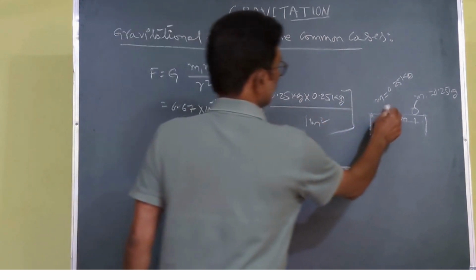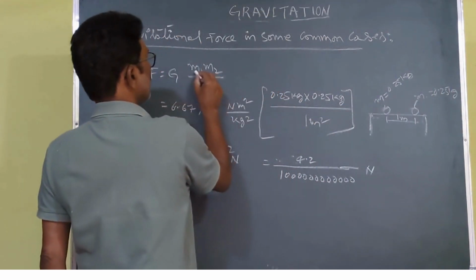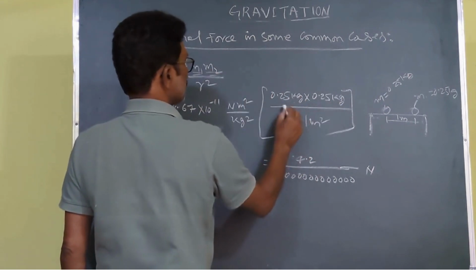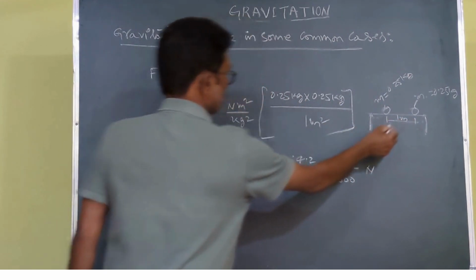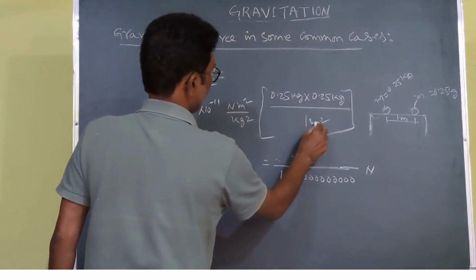M1 and M2 are both 0.25 kg. The distance between the two cups is 1 meter, so R squared is 1 times 1 meter squared.